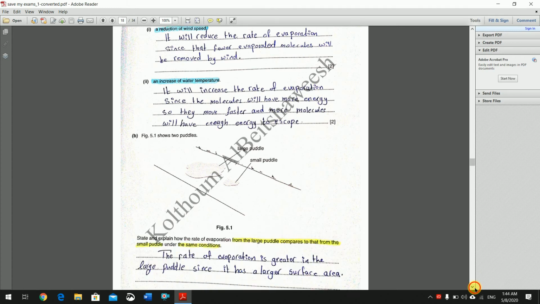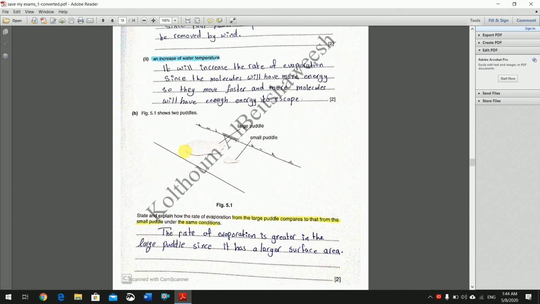Now, figure 5.1 shows 2 puddles. We have a large one and we have a small one. State and explain how the rate of evaporation from the large compares to the one from the small. So how does it compare, like the rate of evaporation for the large puddle comparing to the small puddle?